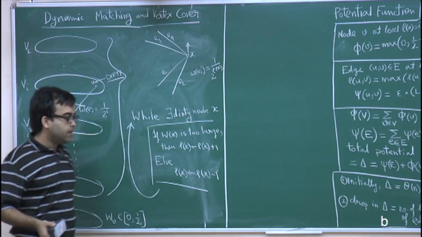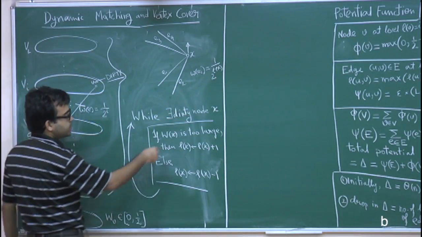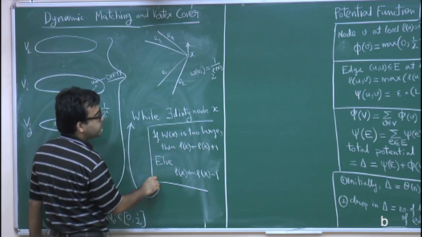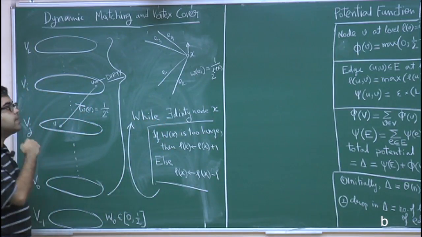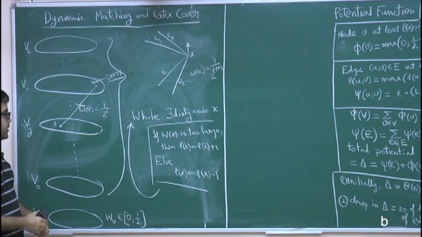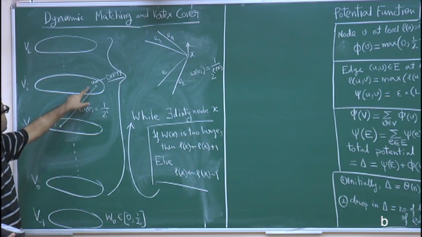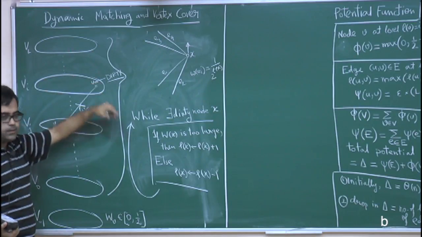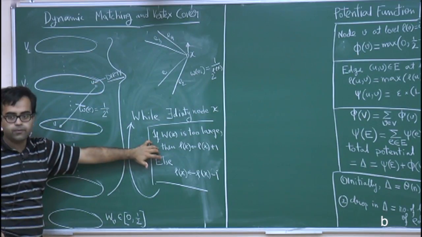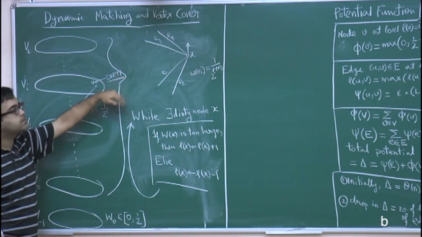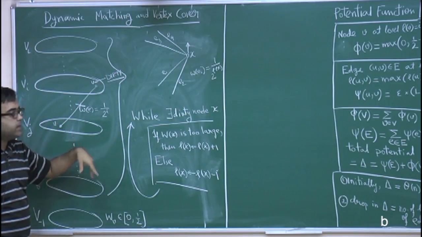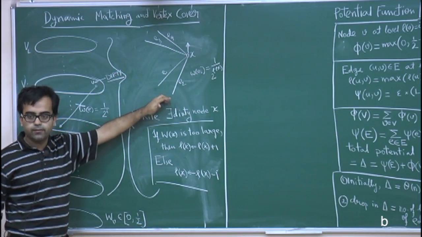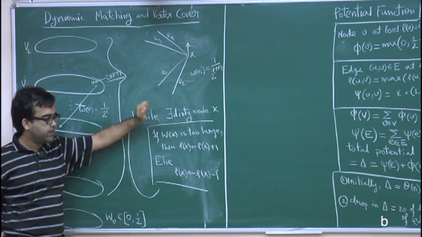Okay. And the one other thing to note is that after one iteration of this while loop, x might still remain dirty. For example, it might be the case that the weight of x was much greater than 1 and you just incremented its level by 1 and it still remains greater than 1. Then it will again be considered in the next iteration of the while loop, you do not worry about that.